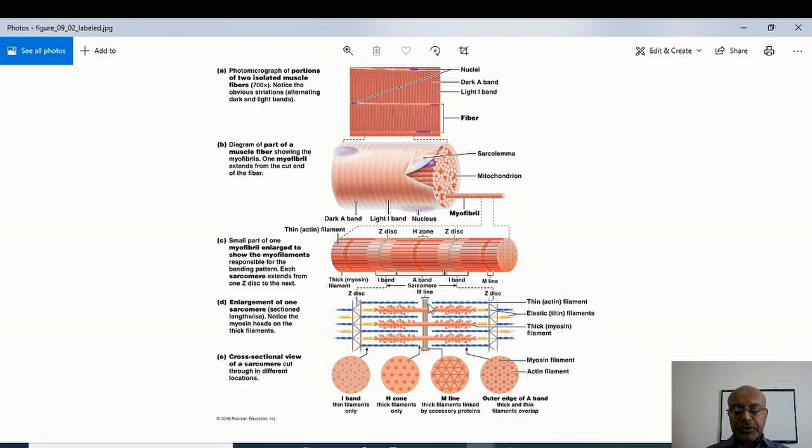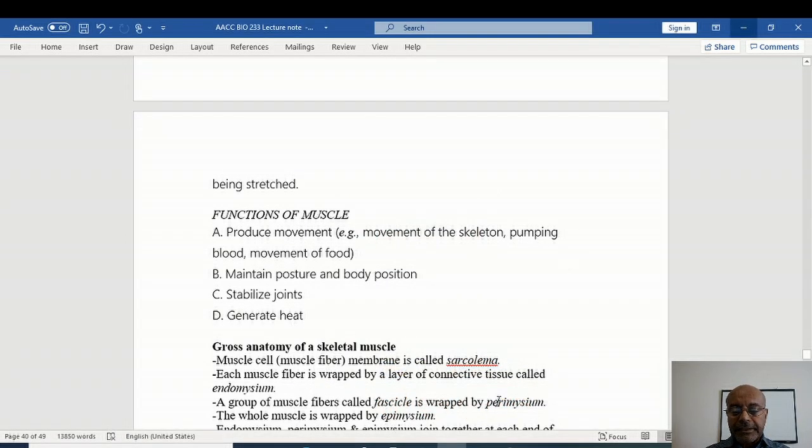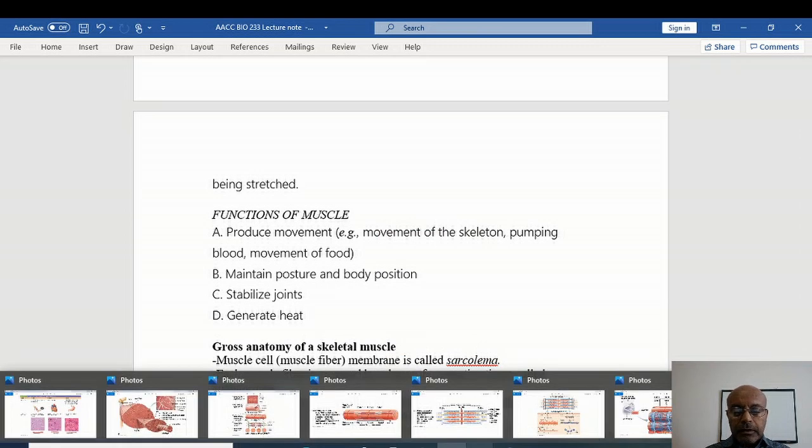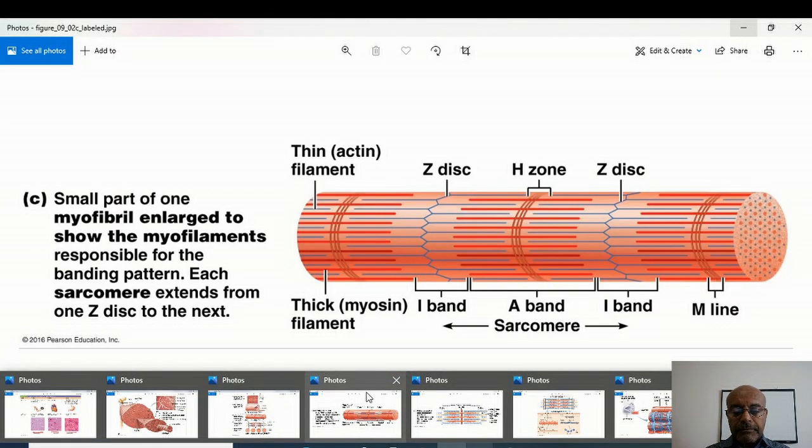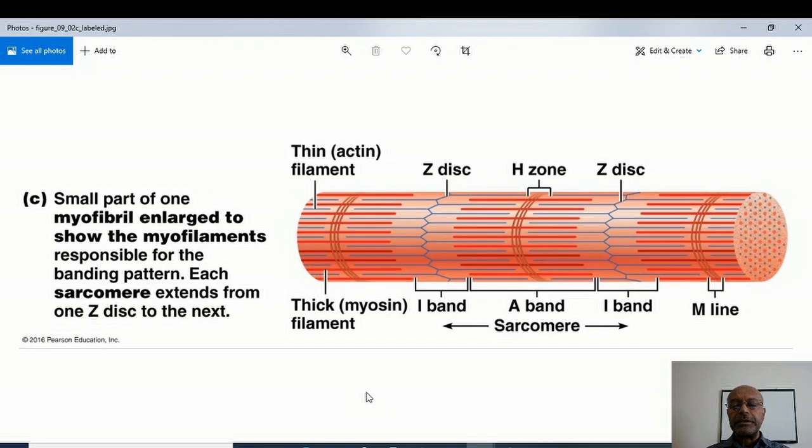First, let me show you on another bigger picture the structure of a myofibril. Here is a bigger image of a myofibril. Look at this myofibril, that stick-like structure which we took out from the skeletal muscle cell or from the muscle fiber.